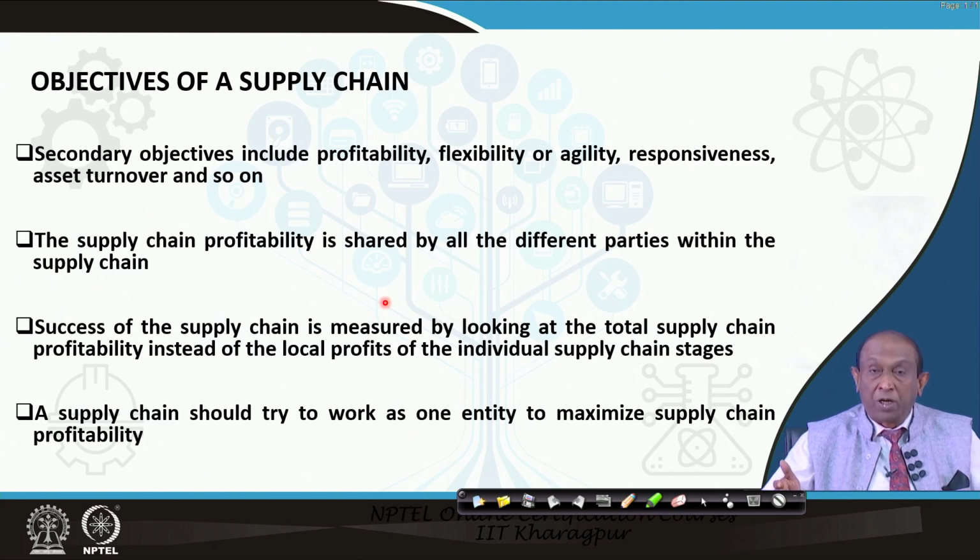It is the profitability of the whole chain that matters, and hence there should be consistent objectives among all the entities in the supply chain. More about this we will talk about when we discuss strategic fit. So, you should always remember that a supply chain should try to work as one entity to maximize supply chain profitability.